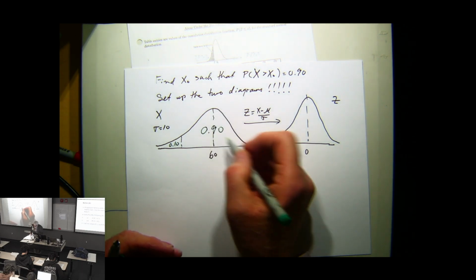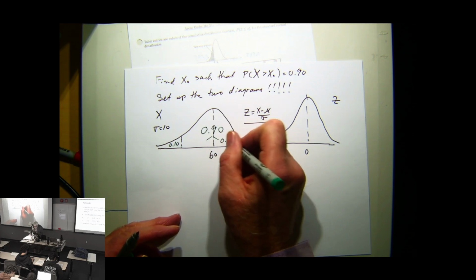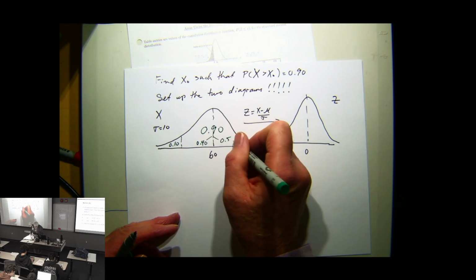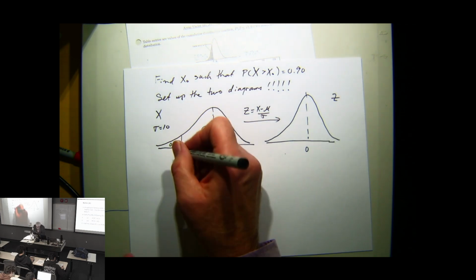Now that 0.90 is going to split up into 0.5 on that side and 0.4 on that side. Add an extra 0 if you like to use lots of ink from your pen. And that's where the X naught is.